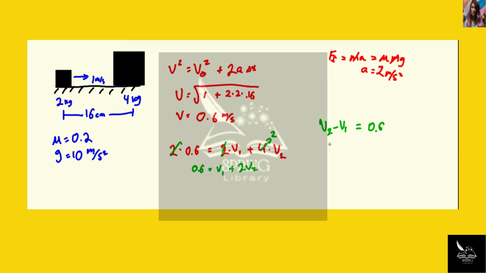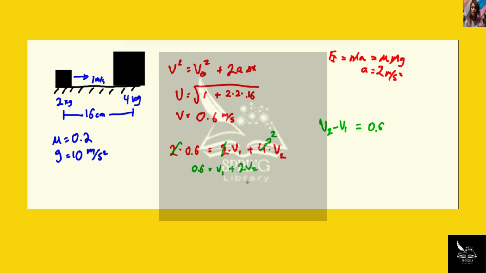So v2 is equal to 0.6 plus v1. Rather than subtracting, we're going to add these two equations together because we've got a negative v1 and a v1.